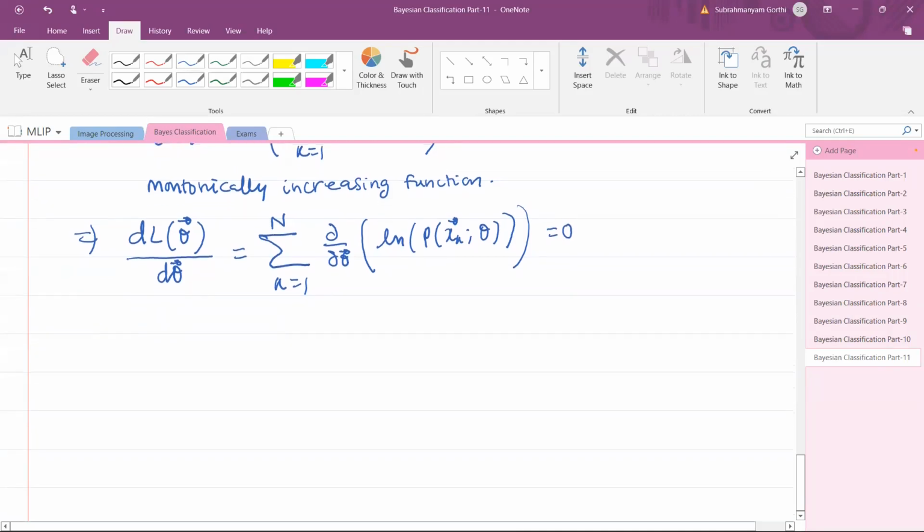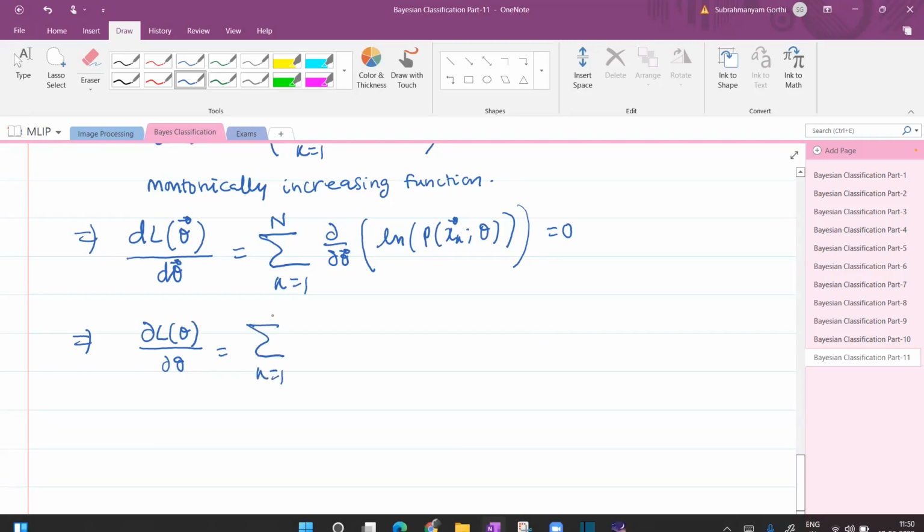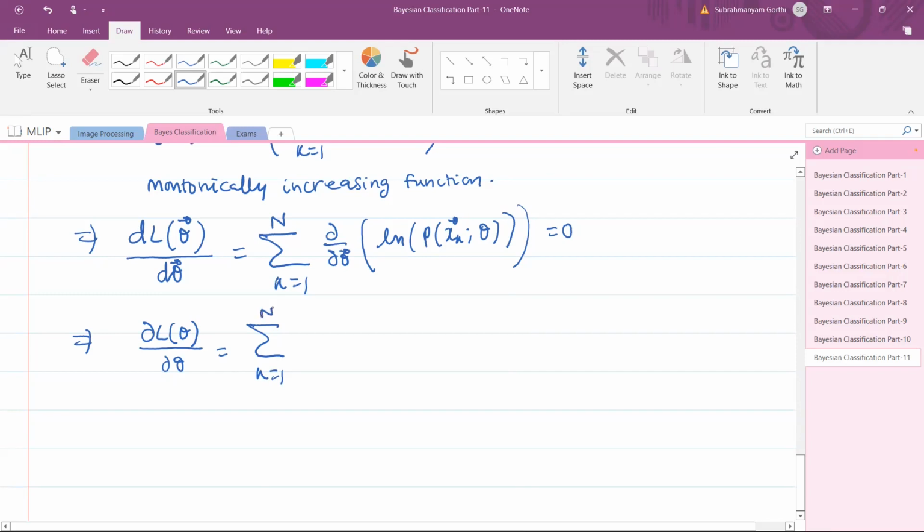Now what? That implies I could also write ∂L(θ)/∂θ is equal to the summation k varying from 1 to n. What could be that value? ∂/∂θ of natural logarithm of p of theta.